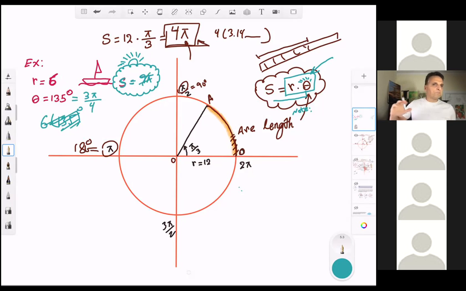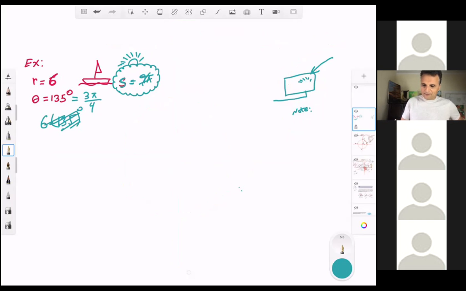But we don't want to just be super excited if you see a question that's related to a small formula. For this course, you need to visualize it. So we have a circle.